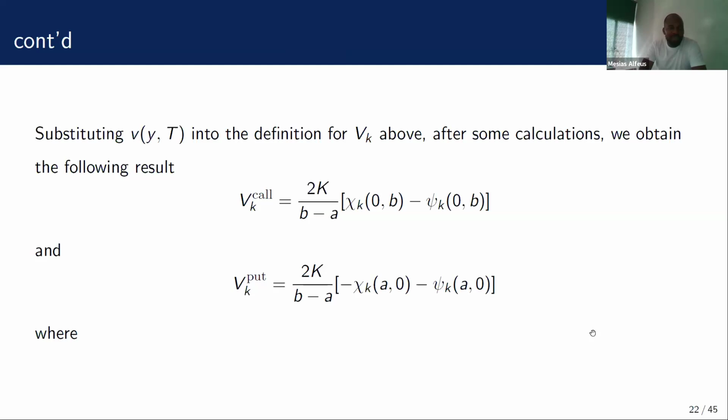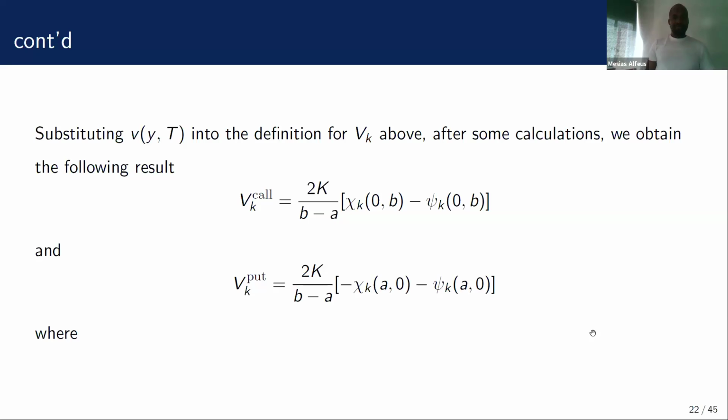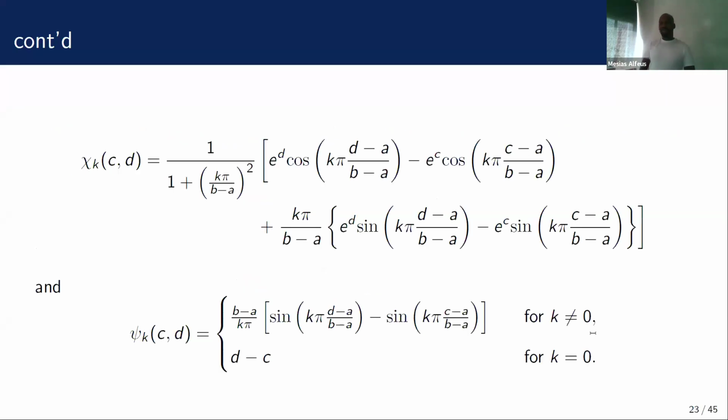And then if we do the substitution of VYT into the definition of VK, we are going to get these VKs. The first V is for a call option, and the second one is for a put option. And then these functions inside there are given by these formulas.